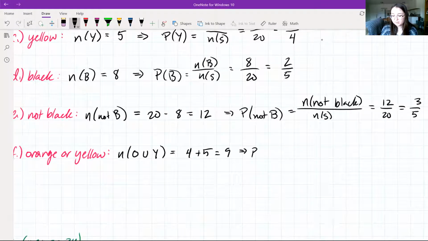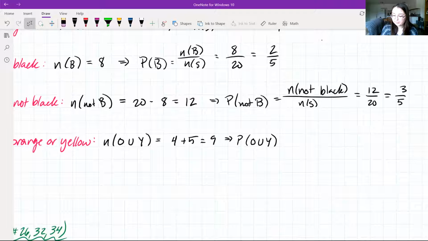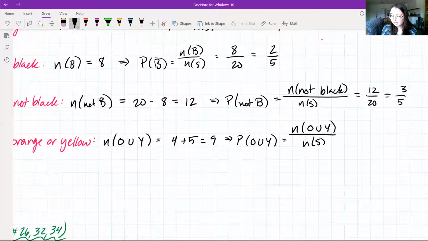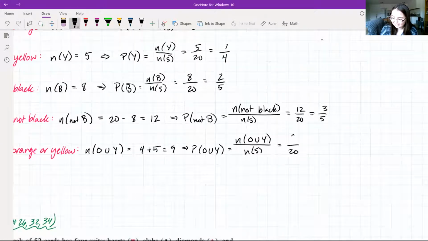And this is going to give us the probability of orange union yellow is equal to the number of orange or yellow marbles divided by the sample size. And we're going to get 9 over 20. Which I think that is it. Yeah, that is the most simplified time too. 9 divided by 20.